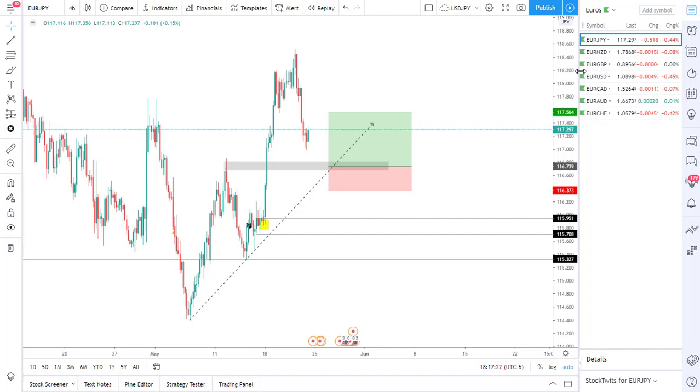This is my opinion, my humble opinion. I will wait for the price to retrace to this imbalance. Why? Because this huge movement to the upside, this imbalance, was created by market makers. Banks and institutions bought this level.